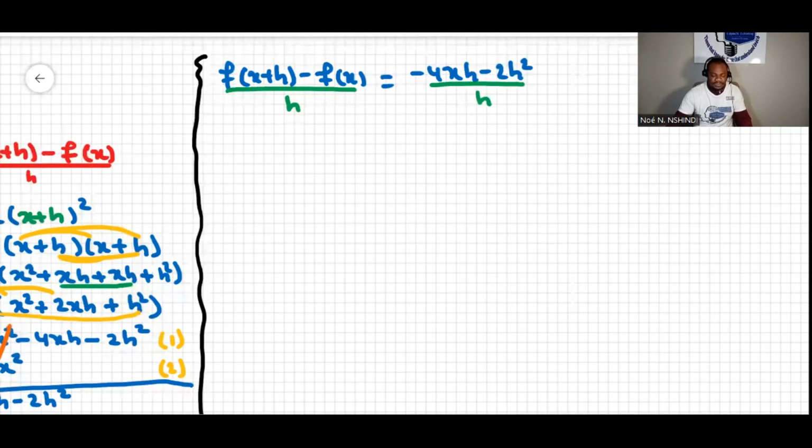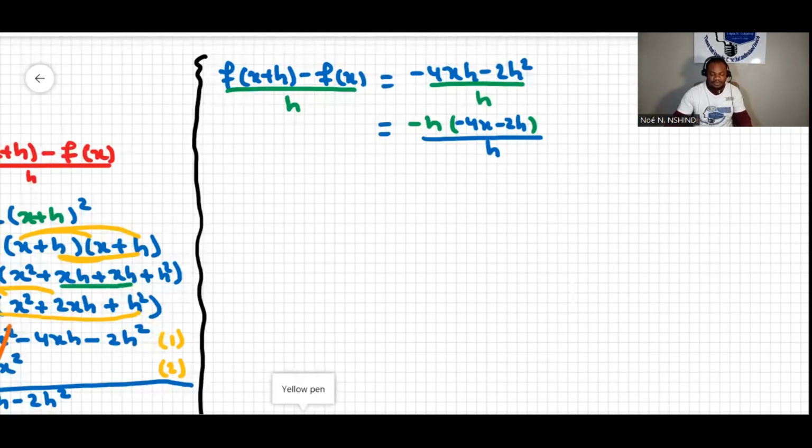I can take h as a common factor for the numerator, or negative h, it doesn't matter. Let's take negative h as a common factor, and then this will be negative 4x minus 2h over h.